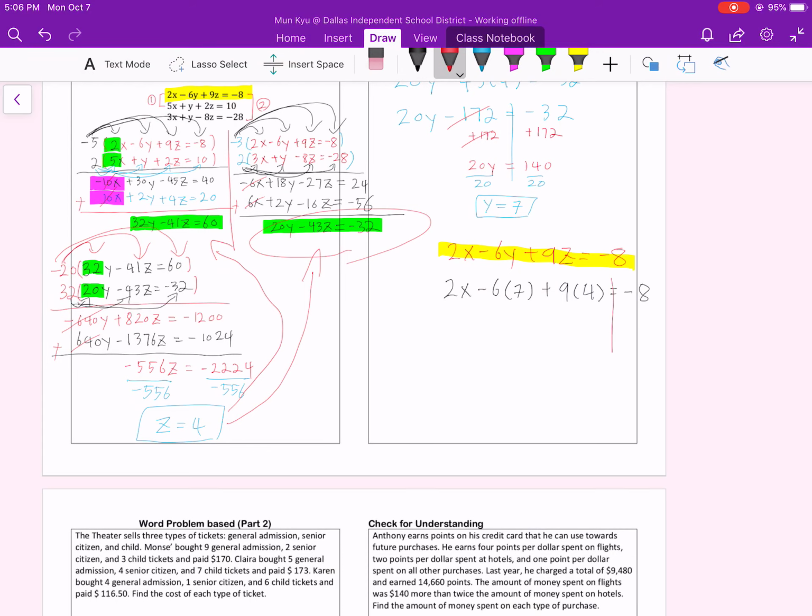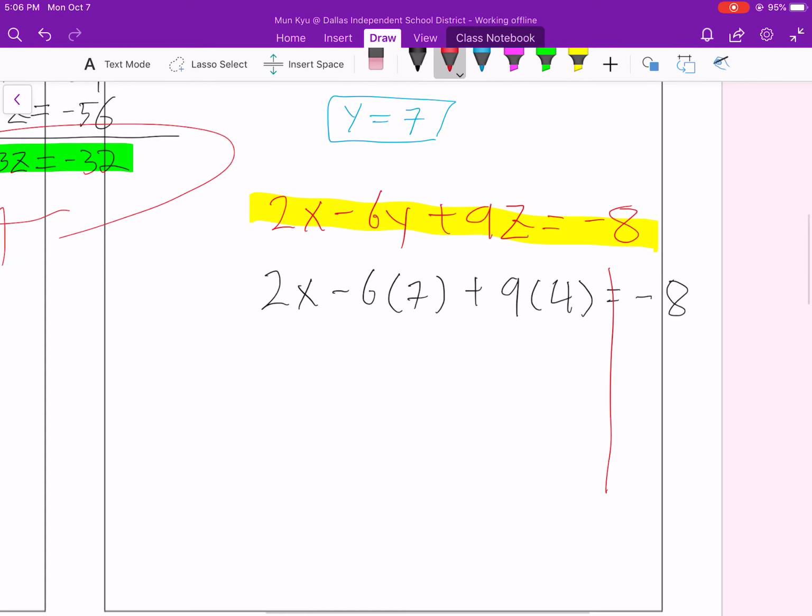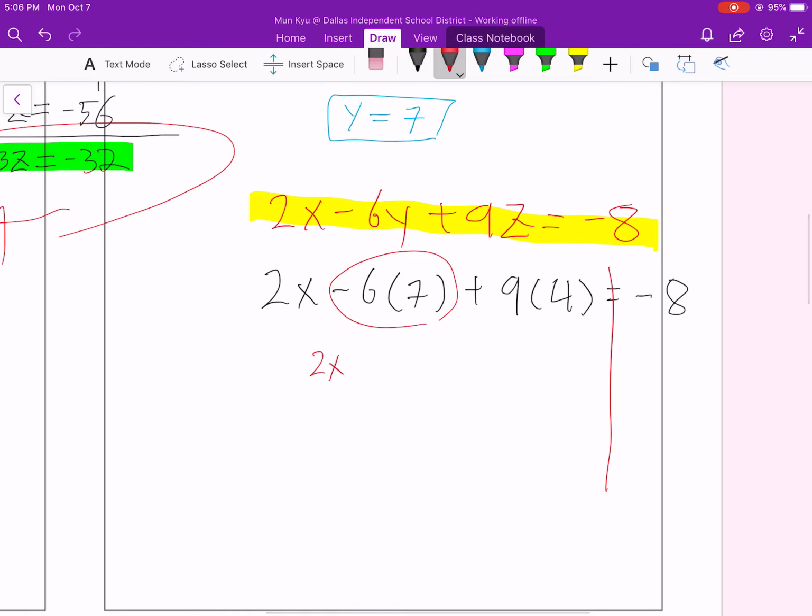Now let's do the easy step here. Let me zoom in. 2x, negative 6 times 7 is going to be negative 42. 9 times 4 is going to be plus 36, and that is equal to negative 8. And if you combine these two together, negative 42 plus 36 is going to be negative 6, equals negative 8.